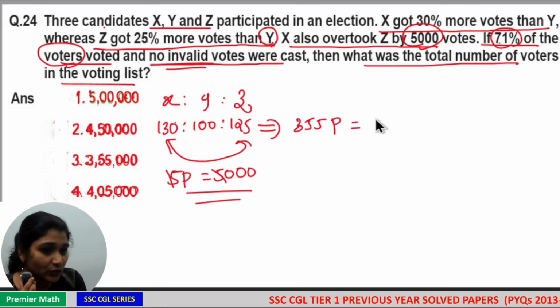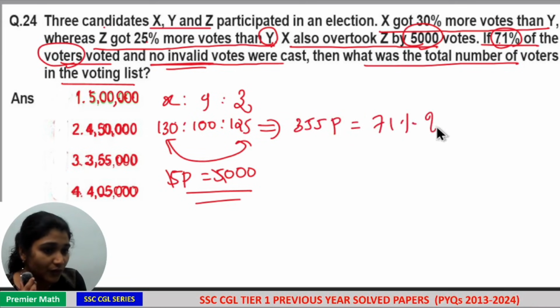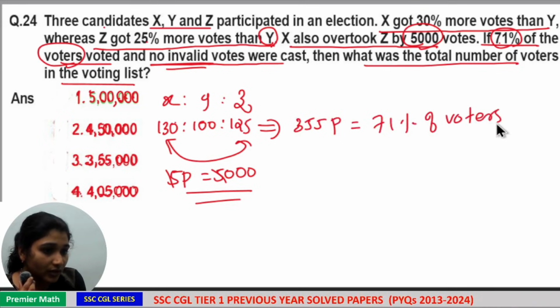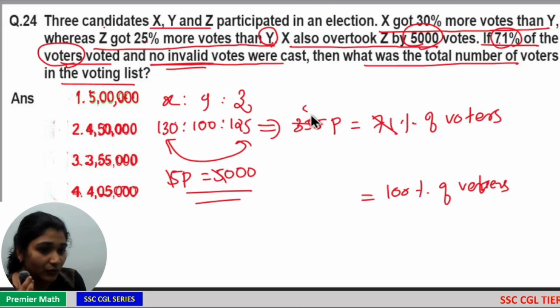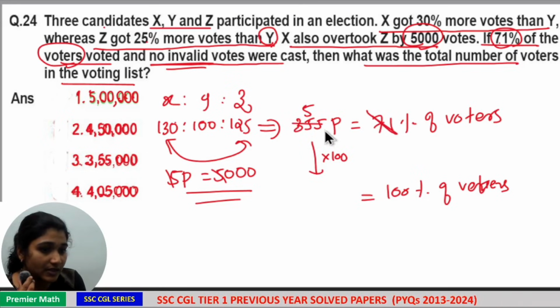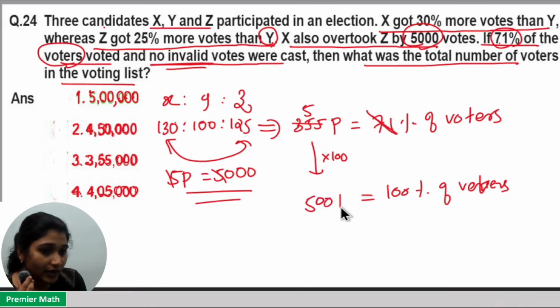Votes received equal to 71% of voters. Now 100% of voters is the total number of voters. Here 71 goes 5 times in 355. So 5 into 100. 1% is equal to 5 parts, means 100% is 500 parts.